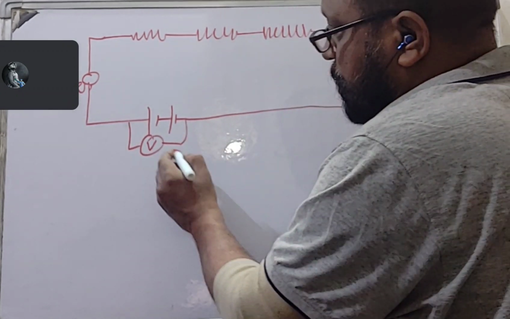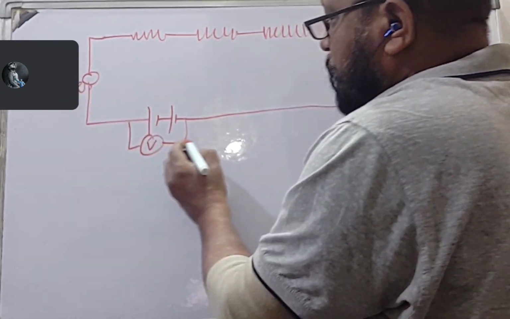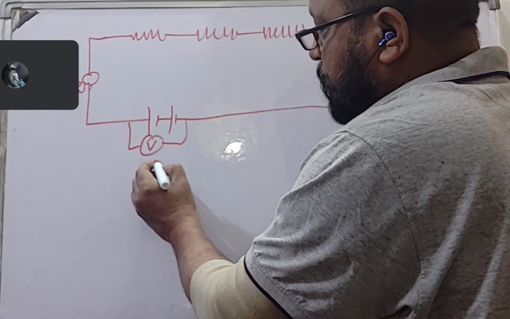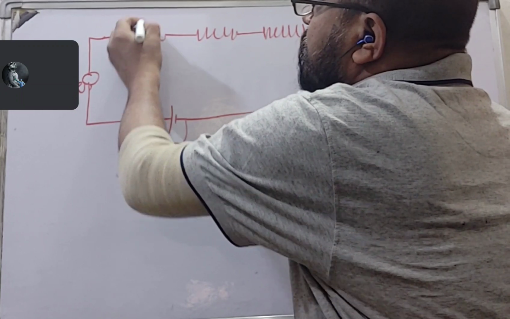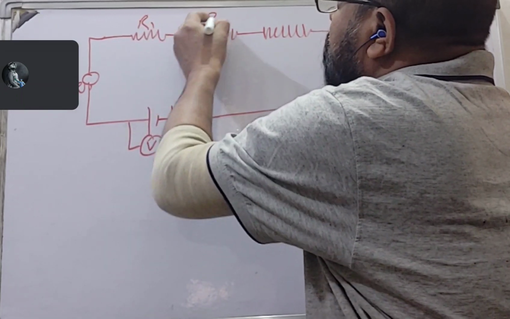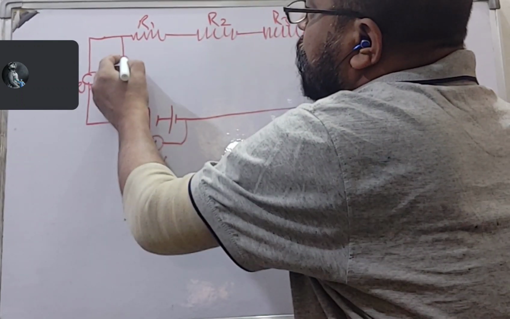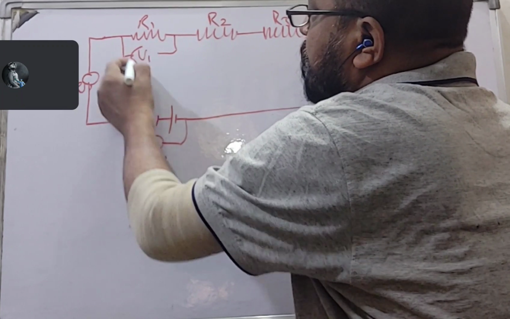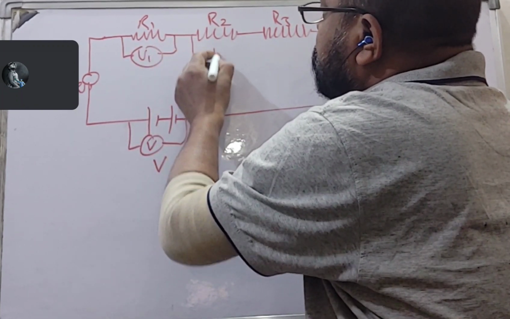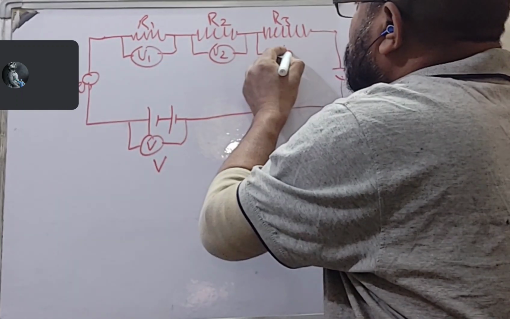Right. If current I is flowing in the circuit and the potential difference across the terminals of the battery is V, and this is R1, R2, R3, then the potential difference here will be V1, here it is V2, and here it is V3.